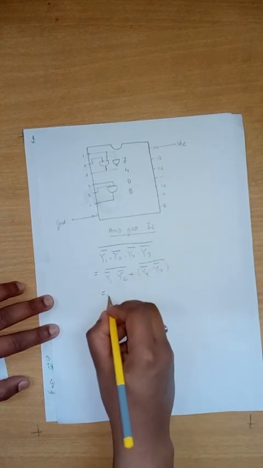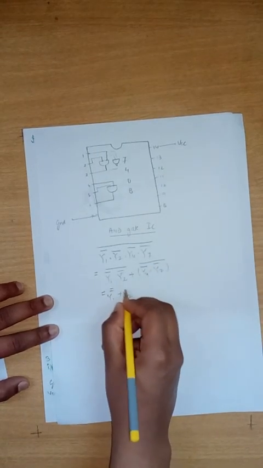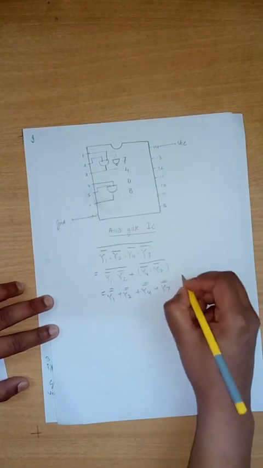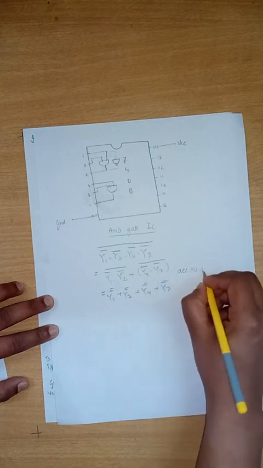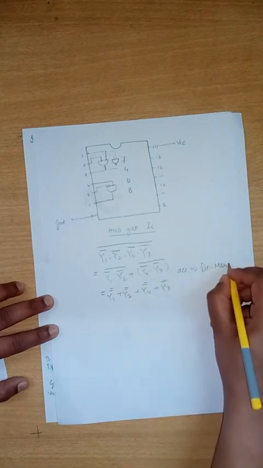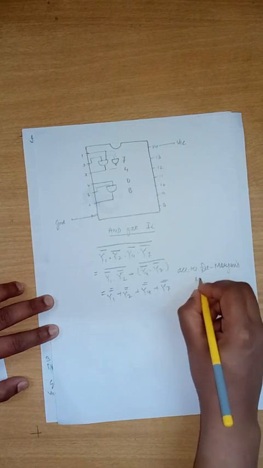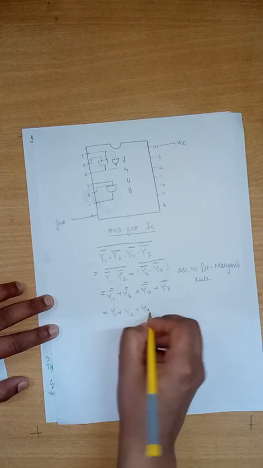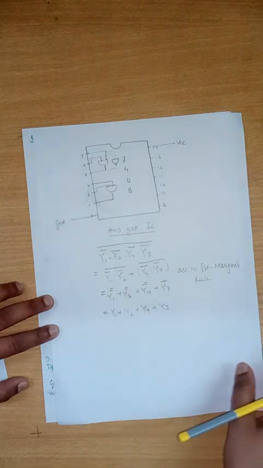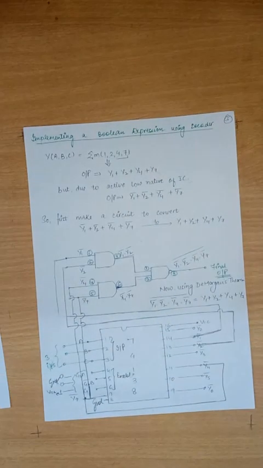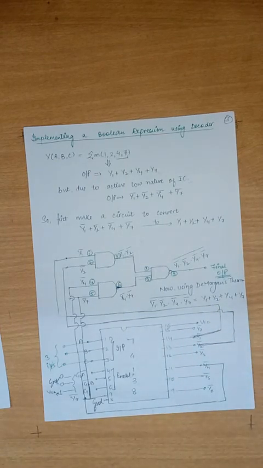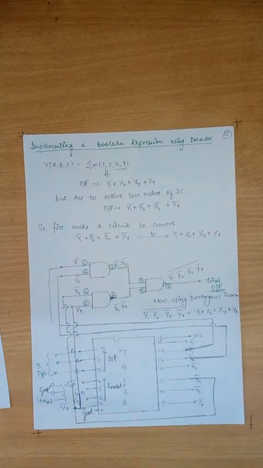It will be y1 double bar plus y2 double bar plus y4 double bar plus y7 double bar, according to De Morgan's rule. Y1 double bar will be y1, so we get y1 plus y2 plus y4 plus y7. Like this we have received our output back as y1 plus y2 plus y4 plus y7. So this we are going to implement on our circuit using the decoder IC, one AND gate IC and one NAND gate IC.